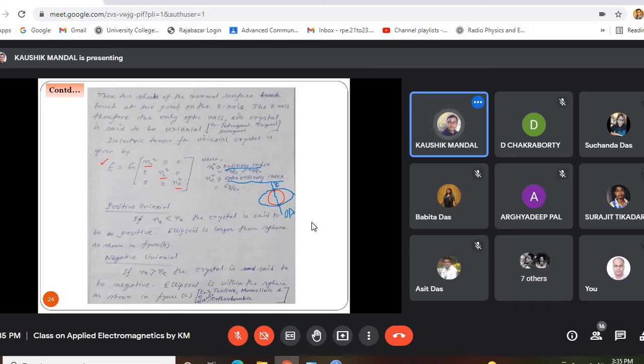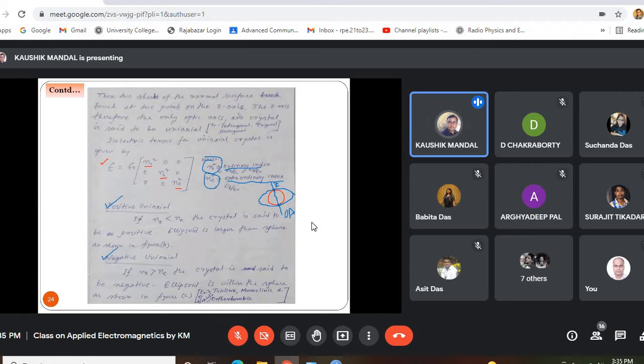So it has a single optical axis. Now, depending on this relation between No and Ne, we can again classify this uniaxial crystal in two types. One is called positive uniaxial crystal, another is negative uniaxial crystal.